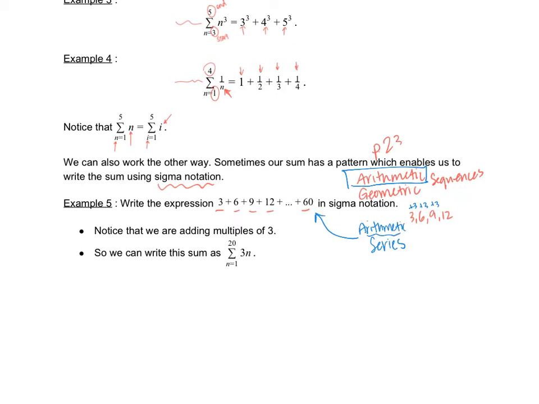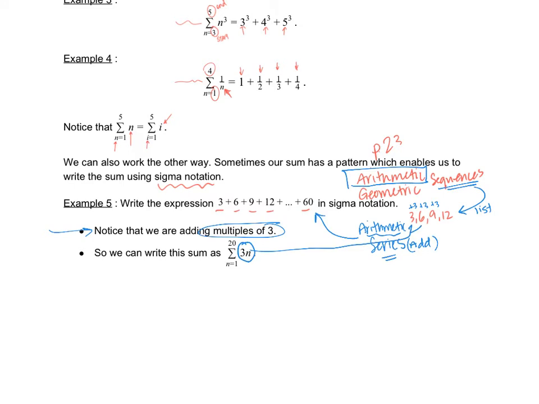So the difference between the words sequence and series: a sequence is just the list. A series is going to be adding, and we can use this notation. So as we noted, they're multiples of 3, which means adding 3 every time. If I want to write the sum, one way to express that is 3n, which will give us each of these numbers.